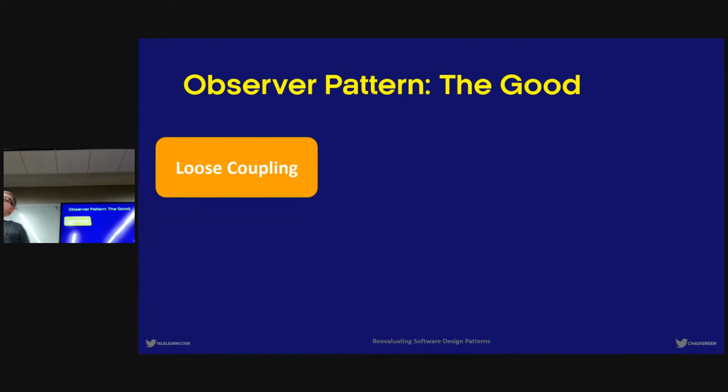You don't need to explicitly reference the things you're trying to get information from. That's why in the bad I start saying that it's actually not exactly loose coupling, because I do need to know where it is. True loose coupling would be a middle piece, and I don't really know where it's at. But here, obviously I do need it because it's objects in a class. So it's somewhat loose coupling, all right?